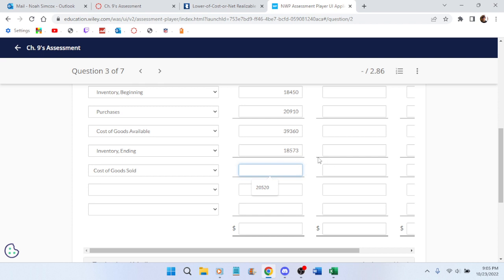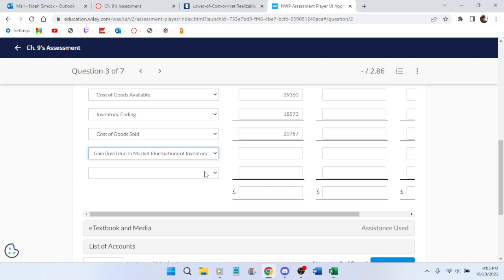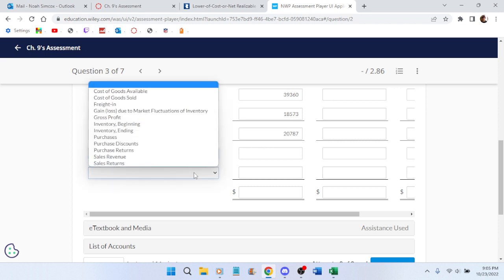39,360 minus 18,573 is 20,787. So you know your cost of goods sold. However, you must make an adjustment, and then you will end up with your actual cost of goods sold.